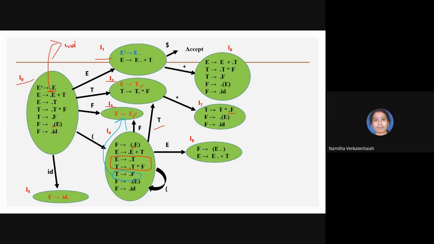Open brace dot is here, right? So it will come to itself on this. That's why we have the self loop. And this id dot is here. So on applying id, it will come here.